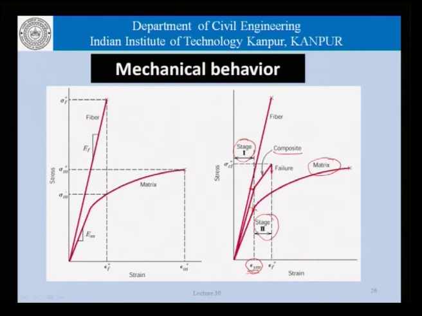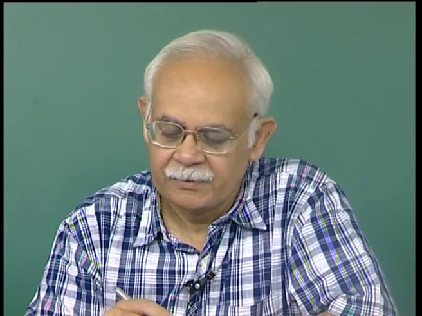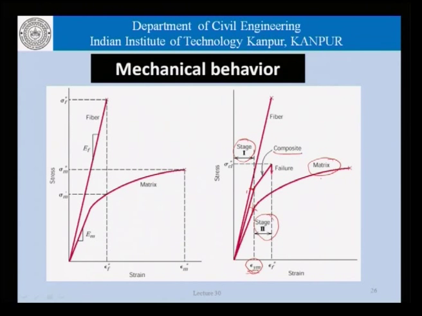So long as the matrix is linear and the fiber is linear, then the behavior of the composite is also linear, determined by the equation that we have already derived. When the matrix becomes non-linear, the behavior of the composite also becomes non-linear, or at least it changes its slope, and it fails at the value which is governed by the failure value of the fiber.